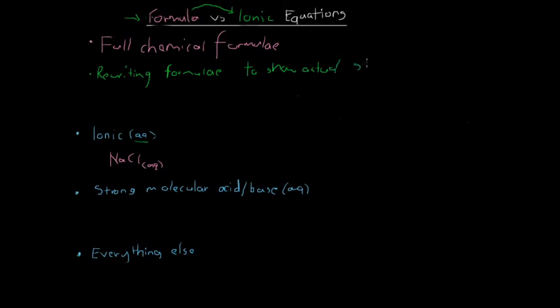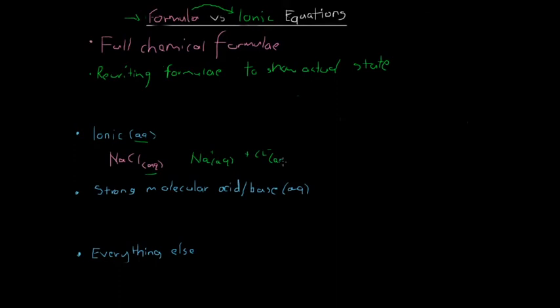In this example of sodium chloride aqueous, because it's sodium chloride solution, we know that the sodium ions and the chloride ions are in fact dissociated when they're in aqueous solution. So we're going to rewrite this as a sodium ion in aqueous solution and the chloride ion in aqueous solution.